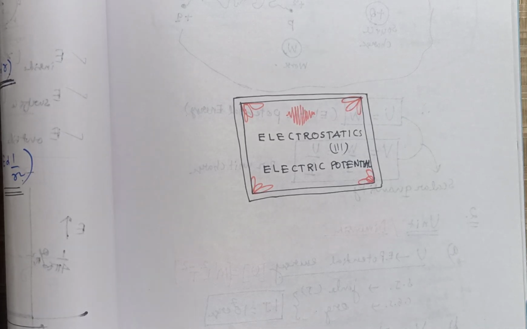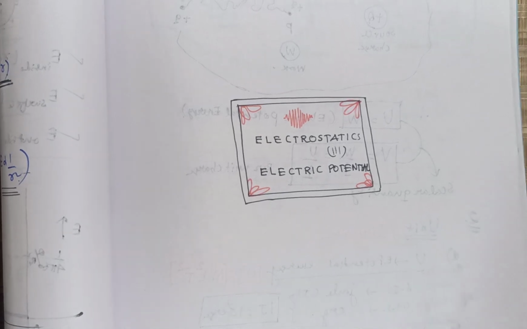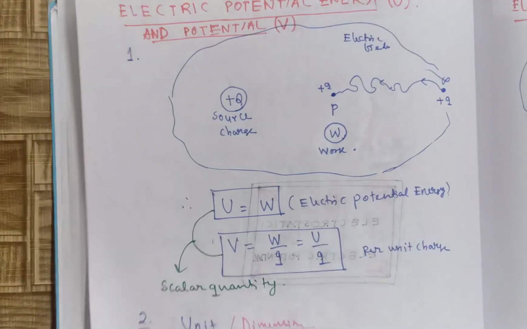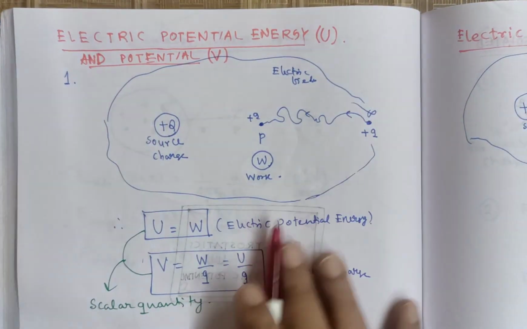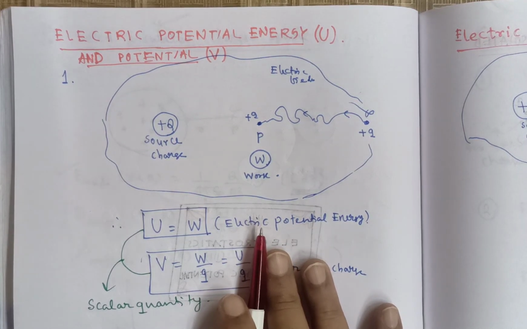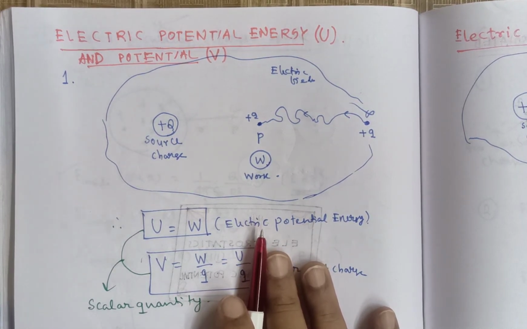What is electric potential? First we will recall there will be a source charge, and for a source charge there should be an electric field around it. Just to remember, in case of a source charge there is a field. In previous classes we have discussed the electric field intensity.